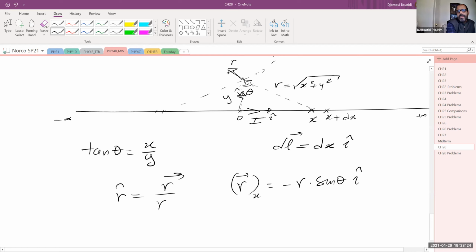And then the y hat direction, which is positive, r times cosine theta in the j hat direction. Do I have it correct? Do I have my angles correct?